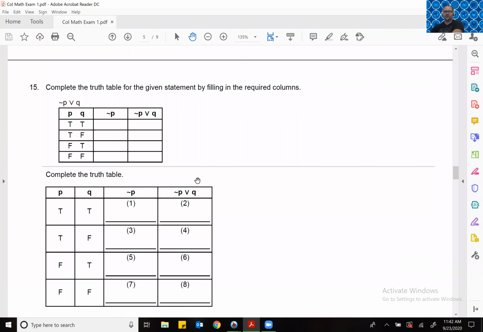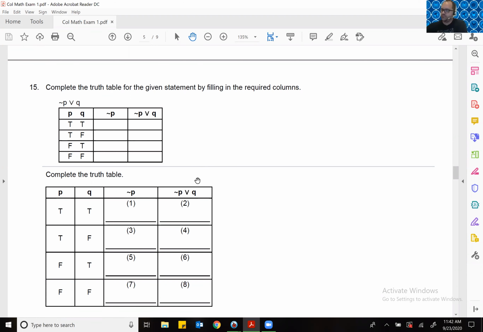Number 15, doing a complete truth table. Give me a moment to write this down. We've got P and Q, and we know that it goes true, true, false, false, true, false, true, false.